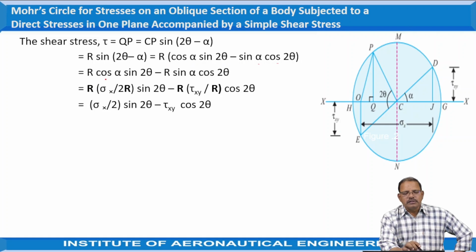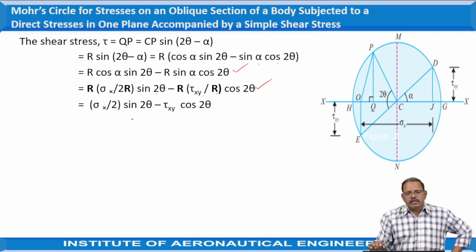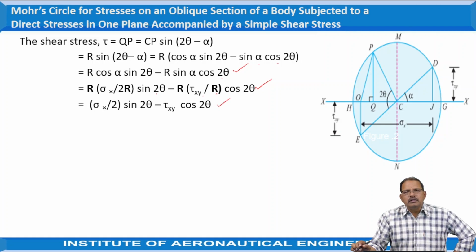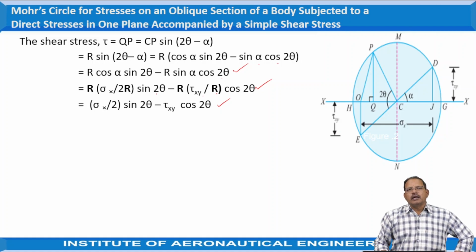So we got R cos alpha sin 2 theta minus R sin alpha cos 2 theta, that is sigma x by 2 into sin 2 theta minus 2xy cos 2 theta. These are the values we already got by using the analytical method.